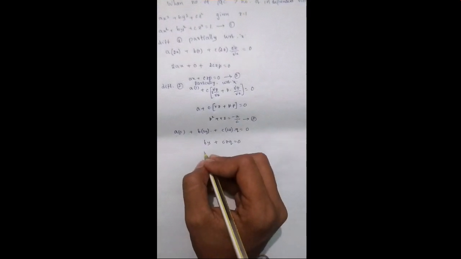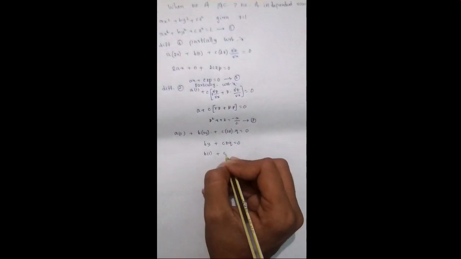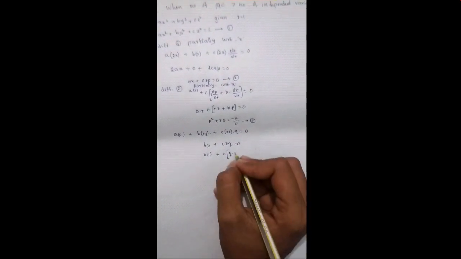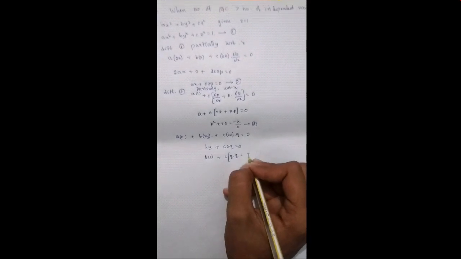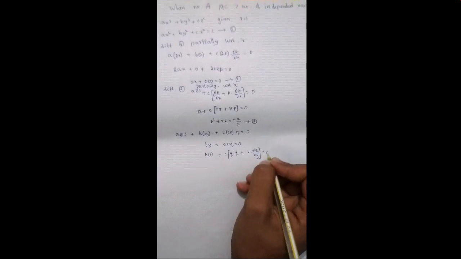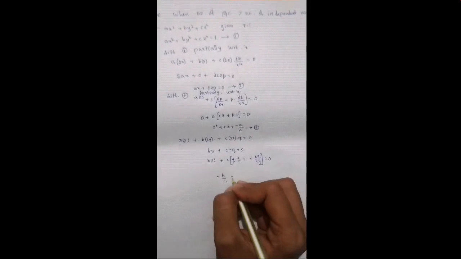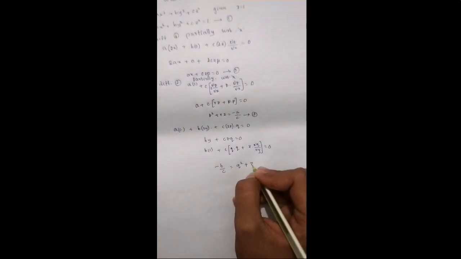Now differentiating again, we get b is a constant, ∂y/∂y equal to 1, plus c times q ∂z/∂y, which is q, plus z ∂q/∂y equal to 0. That is −b/c = q² + zt, since ∂q/∂y is nothing but t.